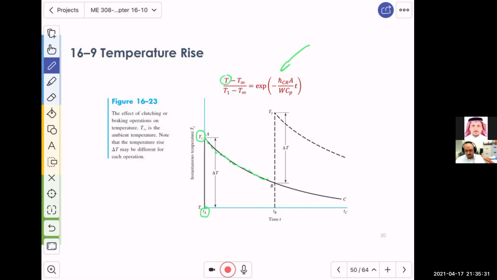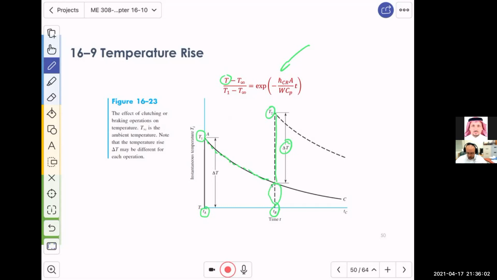This is not second order or third order. This is exponential. But then at time TB, you push the brake again, and the temperature now gets to T2. So this is now the new delta T. Because when you pushed the brake at time TB, there was an initial elevation of temperature, and then you add to it.